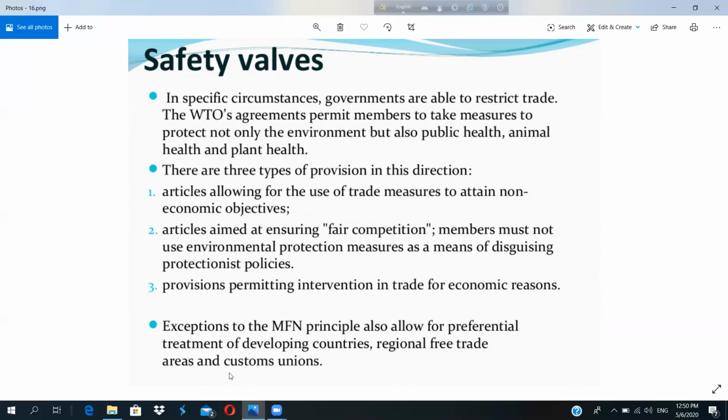Provisions permitting intervention in trade for economic reasons. Exceptions to the MFN, that means most favored nation principle, are also allowed for preferential treatment for developing countries, regional free trade areas, and customs unions. So the developing countries, regional free trade areas, and customs unions sometimes get some privileges.